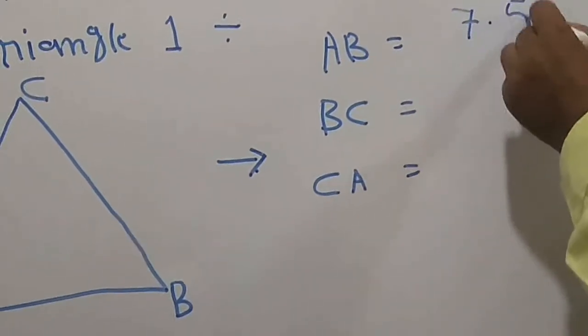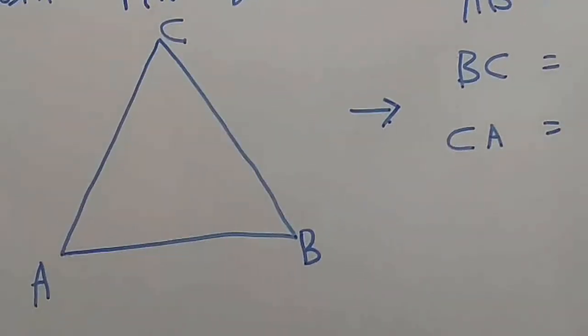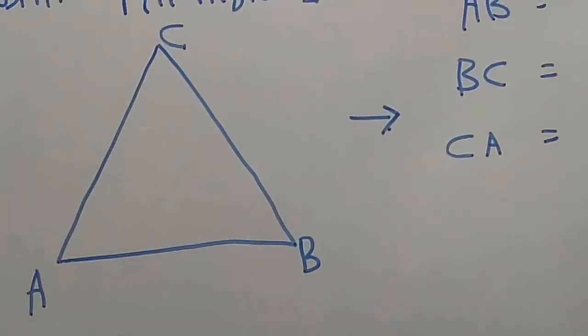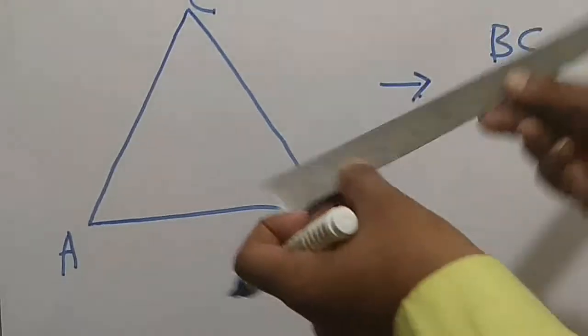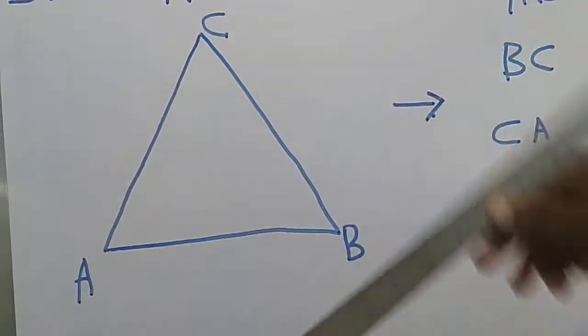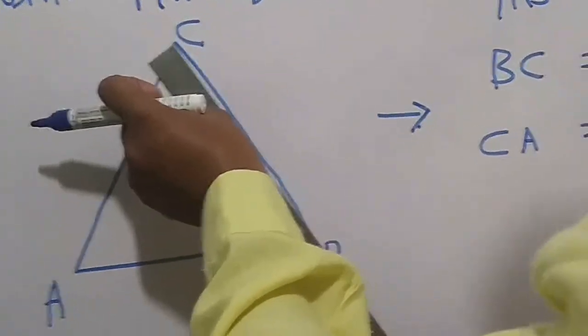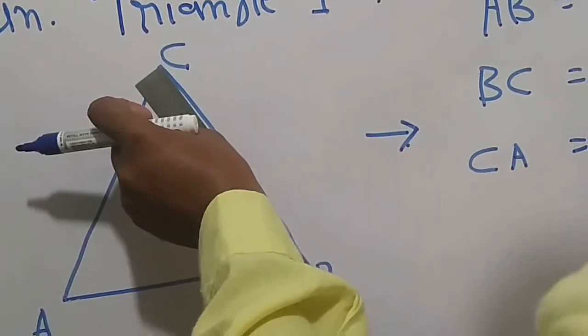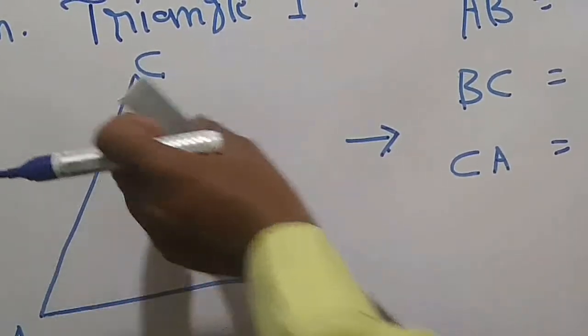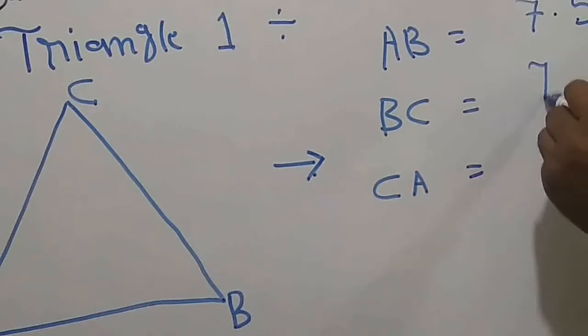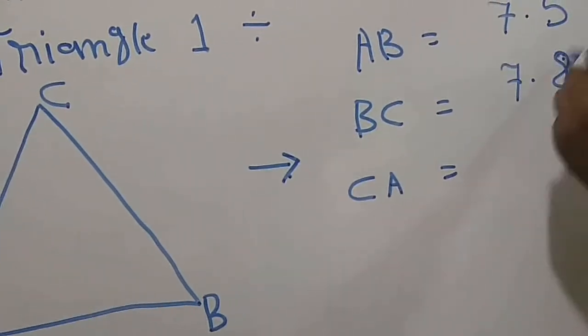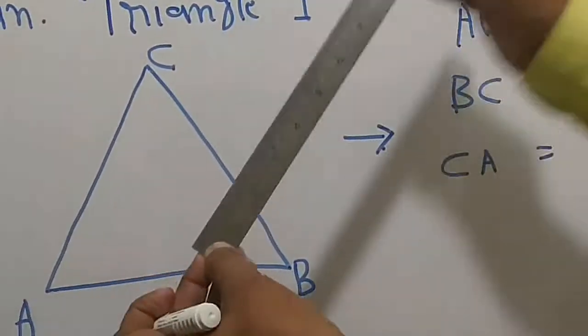It is 7.5. It is our AB. Now we measure BC. It is 7.8, and then finally we measure the AC.